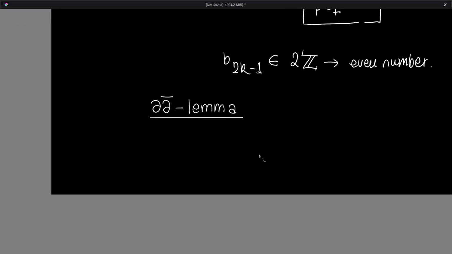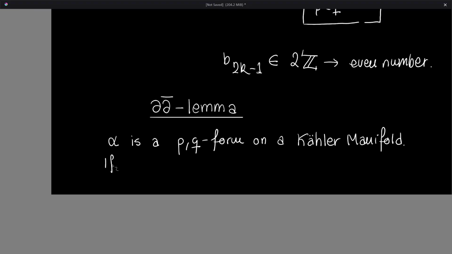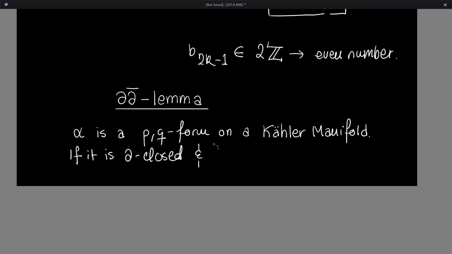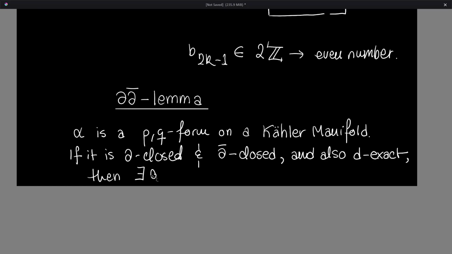The ∂∂̄ lemma is the idea that on a Kähler manifold, let's say that alpha is a (p,q) form on a Kähler manifold, if it is ∂ closed and ∂̄ closed, and also d exact, then there exists beta, a (p-1,q-1) type form, such that alpha is equal to i ∂∂̄ beta.